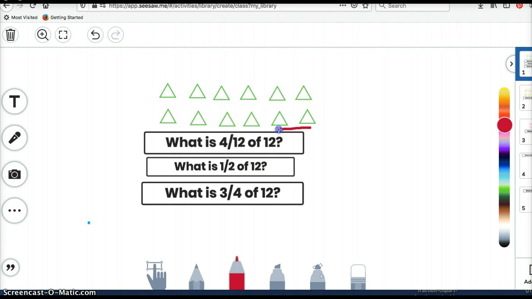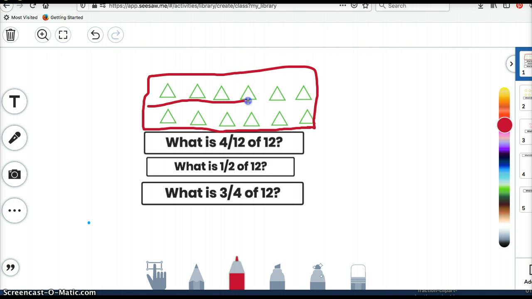So the first one is the easiest one because now we have 12 equal pieces. And we'll show you all 12 of them. So here we have 12 equal pieces here. And we want 4 of the 12.